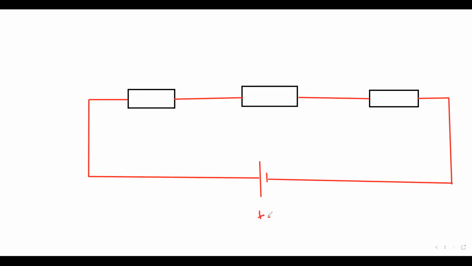for example, there is a battery which supplies 3 coulombs of charge per second, 3 ampere. When it is flowing, how much current will there be at this point? What will be the value of the current which enters this point, point A, for example? If 3 ampere is coming from the battery, how much current will be at point A?